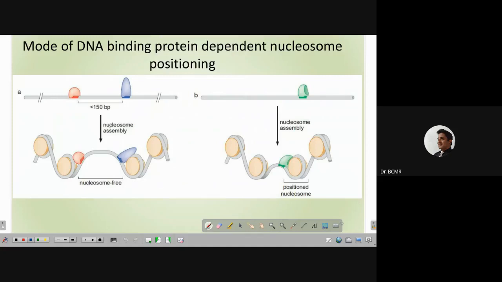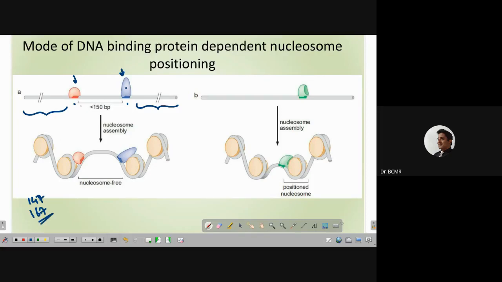So here is a model that is shown here. Here there are two sequence-specific proteins that are binding, interacting with their respective sequences. Because of their binding, in this location nucleosomes will happen. In this location, nucleosomes will happen. But between, you have two proteins, and for the formation of a nucleosome, we require at least 147 base pairs, and if there is H1 also, it is about 167 base pairs.